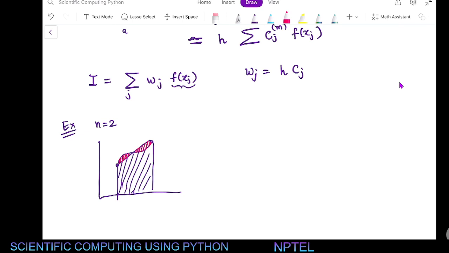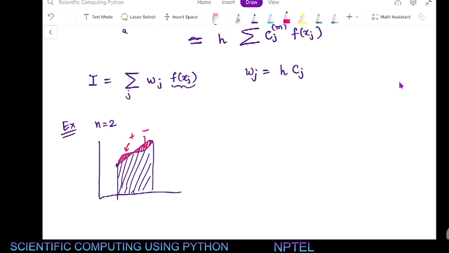So this will be positive. If this function is below the linear, it will be negative. So it might happen, just due to chance, that these positives and negatives cancel. In that case we get an exact approximation. It might happen that they are roughly similar, not exactly. In that case we might get close to zero.